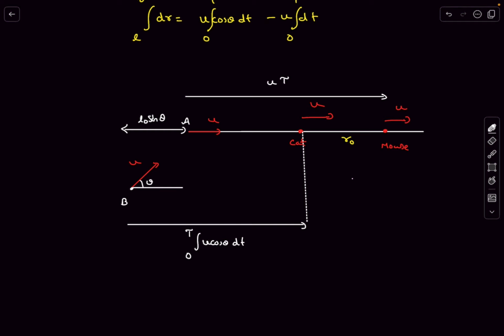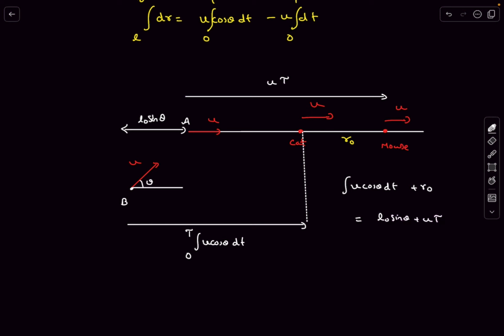So now all we have to do is equate the distances. So the integral of u cos theta dt plus r0. If you do u cos theta dt plus r0, you'll get the distance from this point B to the final position of the mouse. So another way of writing this is L0 sin theta plus uT. This would be equal to L0 sin theta plus uT.